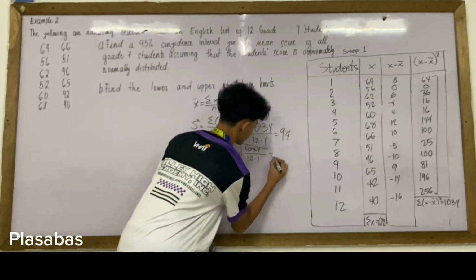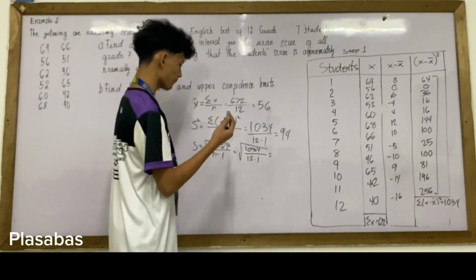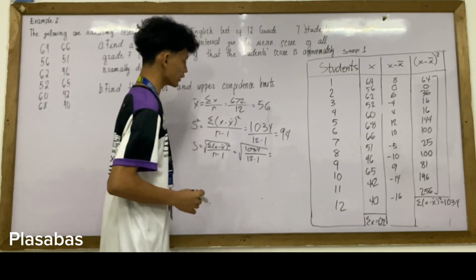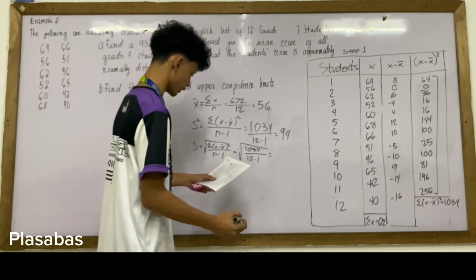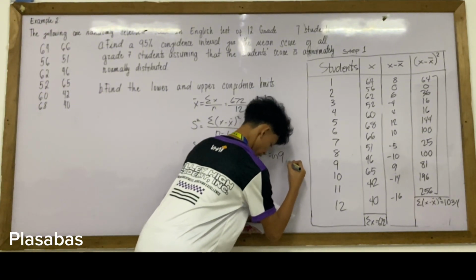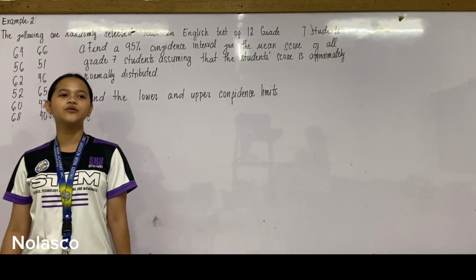Twelve minus 1 is equal to 11, and then the square root of 1034 divided by 11 is approximately 9.7. So let's now move on to step 2.